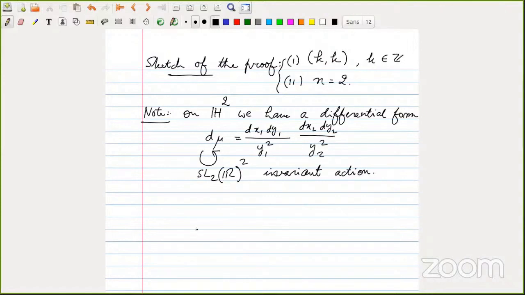The proof in the case of elliptic modular forms also needs us to define the Petersson inner product. So let's begin with that, an analog here.